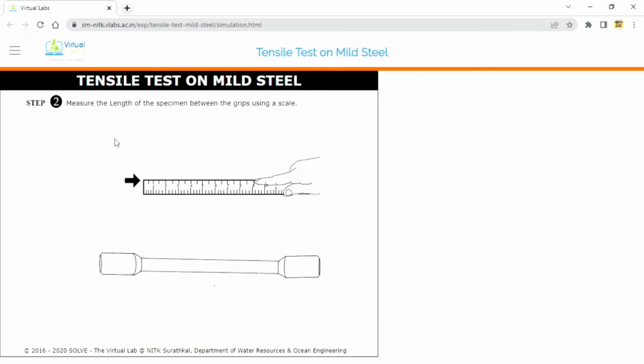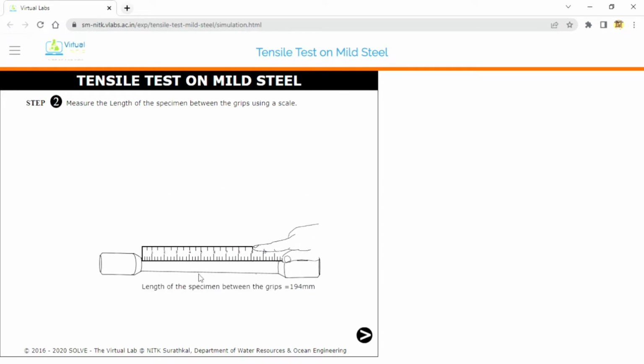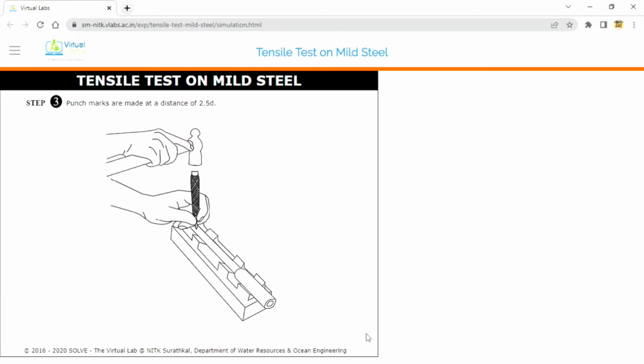Measure the length of the specimen between the grips using a scale. Length of the specimen between the grips is 194 mm. Step 3. Punch marks are made at a distance of 2.5 D.